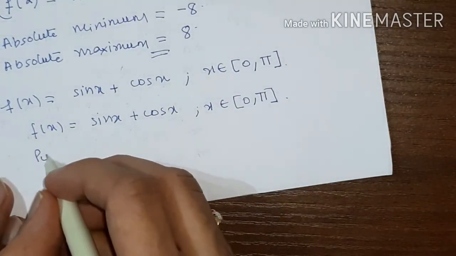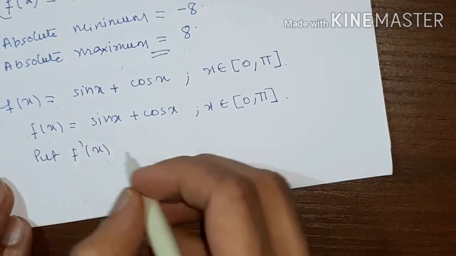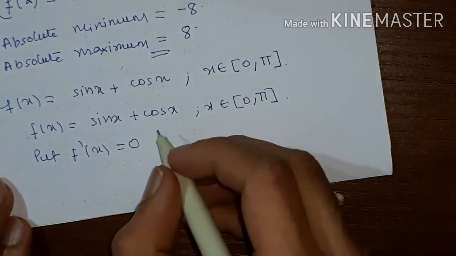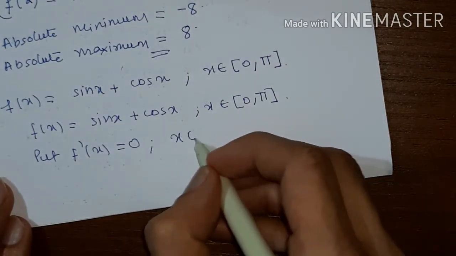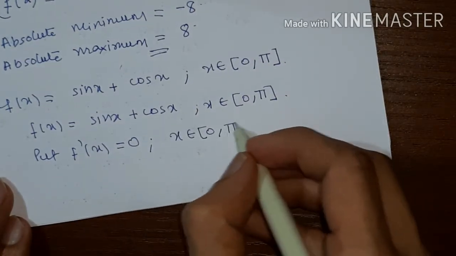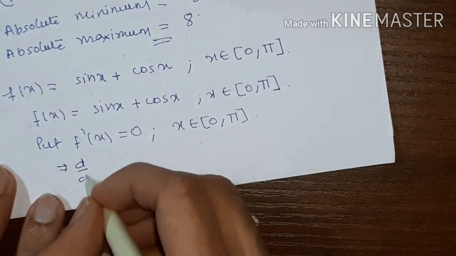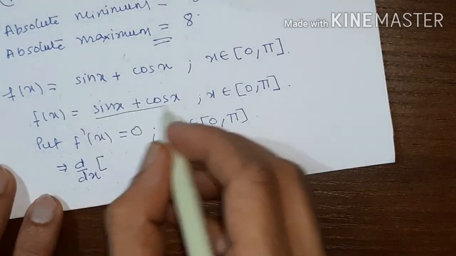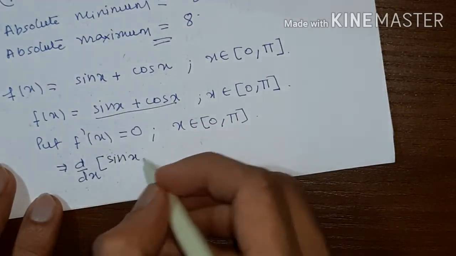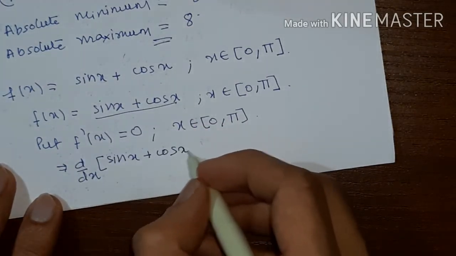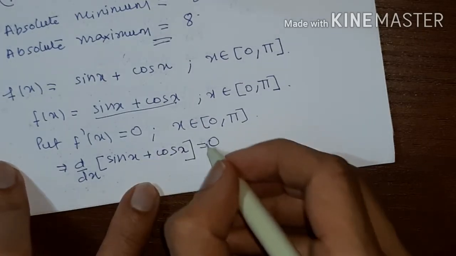So you have to put f prime of x equal to 0, and x is from 0 to pi. So this implies derivative of f(x) is derivative of sin x plus cos x, and this is equal to 0.